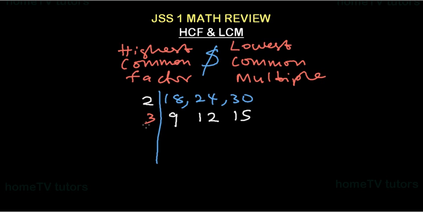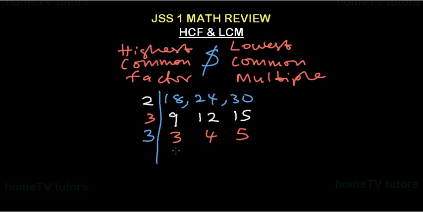for 3. So 3 in 9 is 3. 3 in 12 will give us 4. And 3 in 15 will give us 5. So if you observe closely now, we can get a number that will divide through the three numbers without a remainder. So we just pick the first number, we divide by 3.